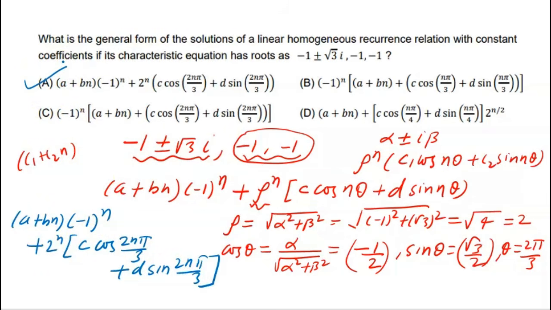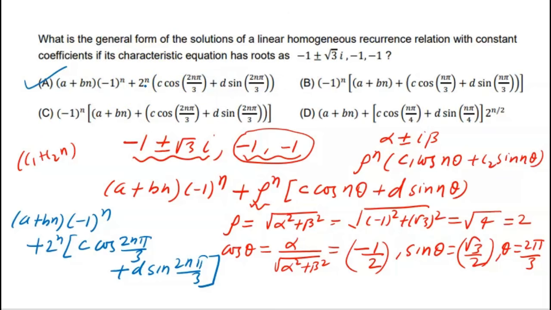Again, you might be thinking why I have explained all these things. Again, I repeat, there was no need to write rho to the power n. I can clearly see alpha is -1, so -1 square plus 3, 4, and under root that will be 2, so 2 to the power n will be there, right? So just by looking at this I can decide my option.